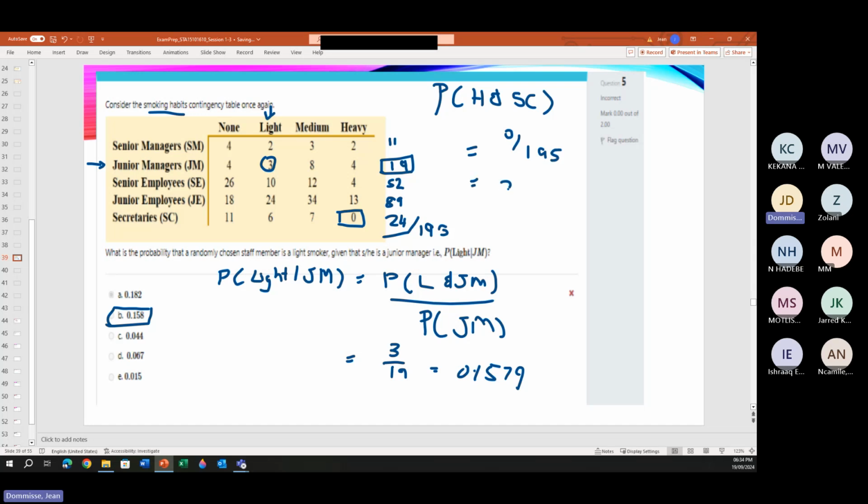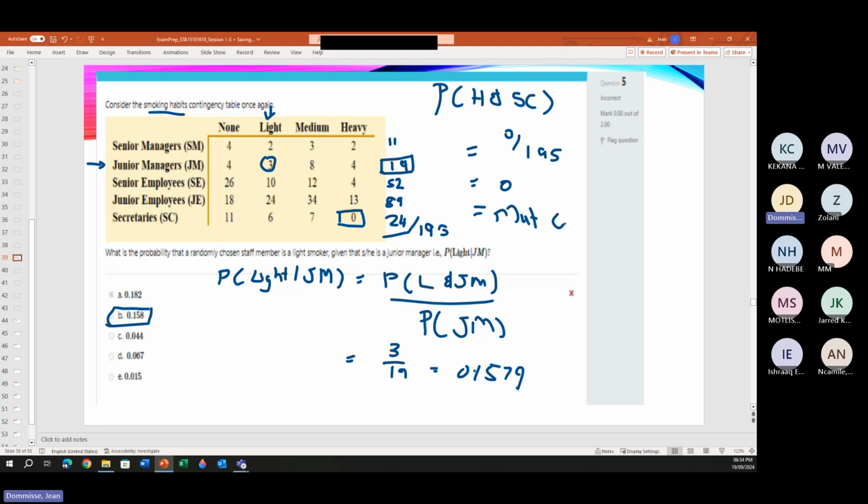So what can we say about heavy smoker and secretary? If secretary and heavy smoker is 0, there's a 0 probability, then heavy smoker and secretary are actually mutually exclusive.